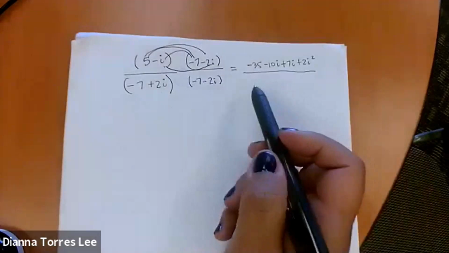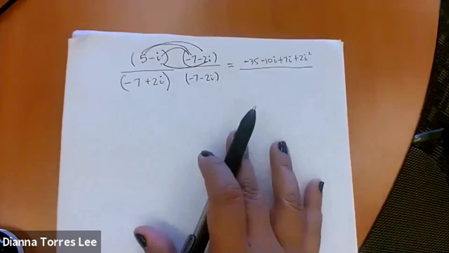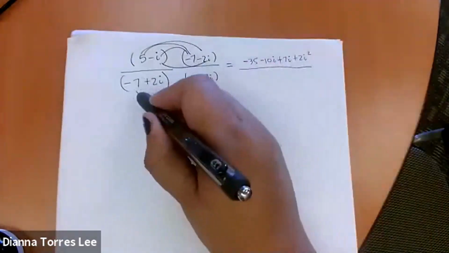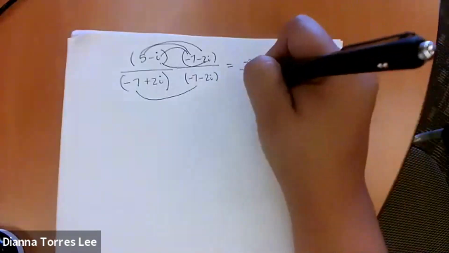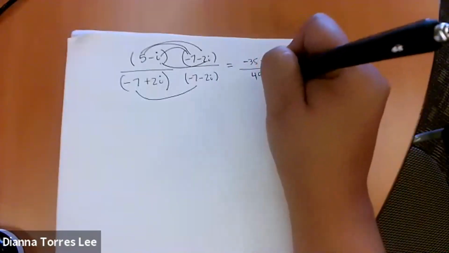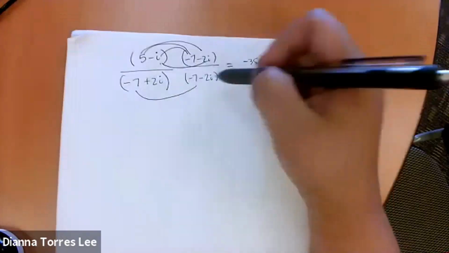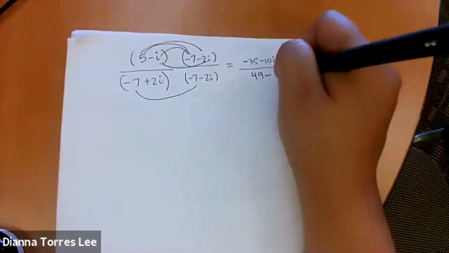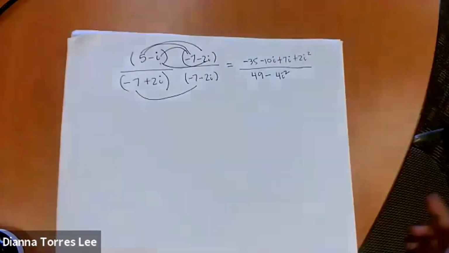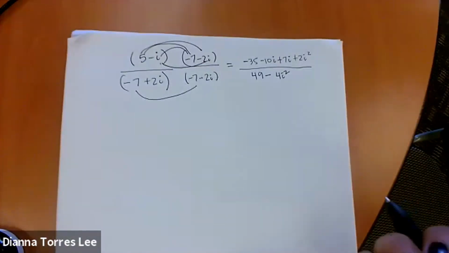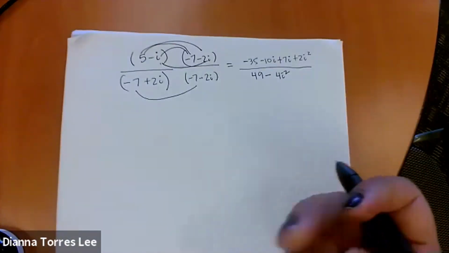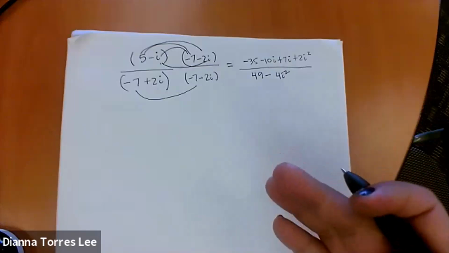I could FOIL it out on the bottom, but I don't have to. What should happen is that I should get negative 7 times negative 7, which is 49. I should have minus, and then I should get 2i times 2i, which would be 4i to the second power. Those two middle terms are always going to cancel each other out, so I don't necessarily need to write them if I don't want to.